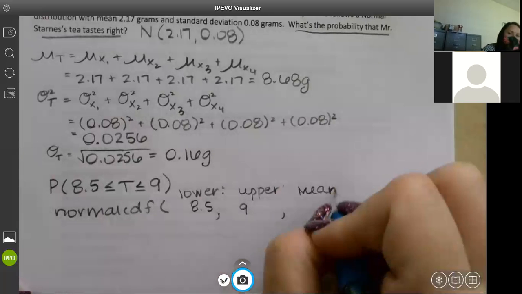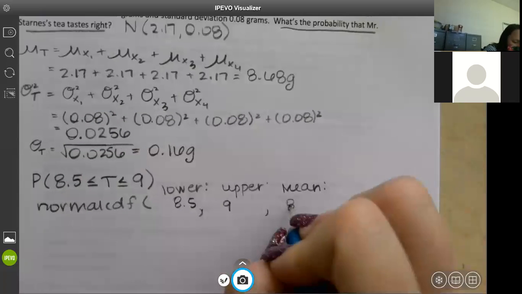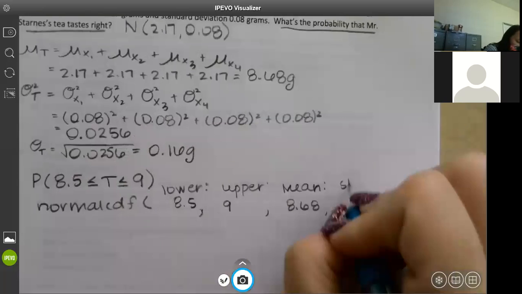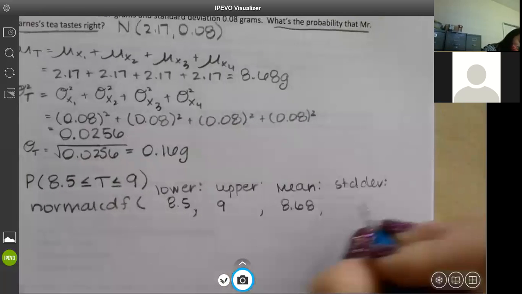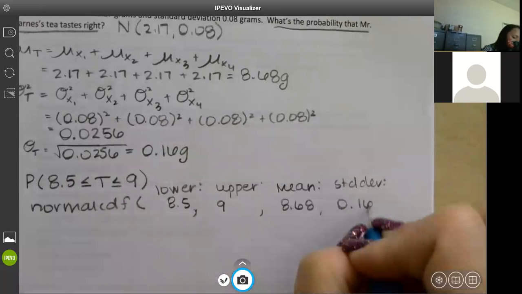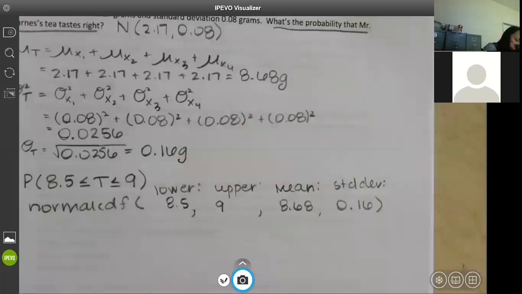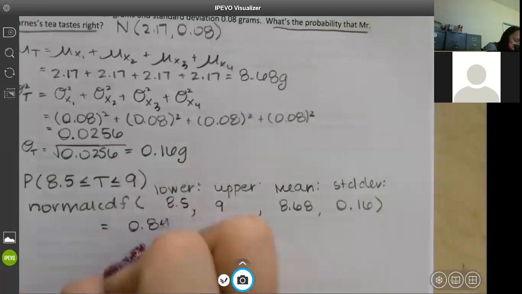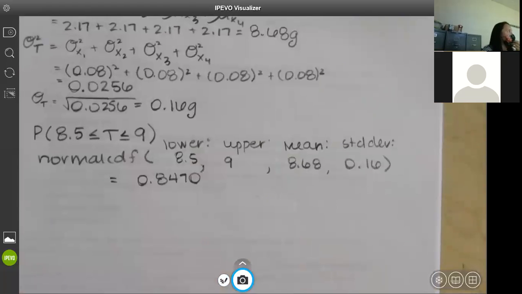What was the mean that we found of all 4 packets? And then we do the standard deviation of all 4 packets, which was 0.16. When you put that in your calculator, you get 0.8470.